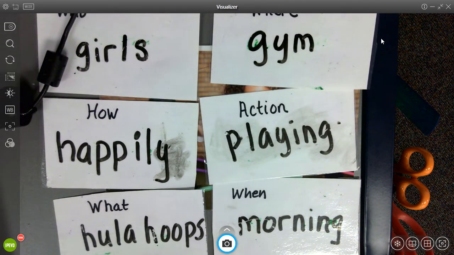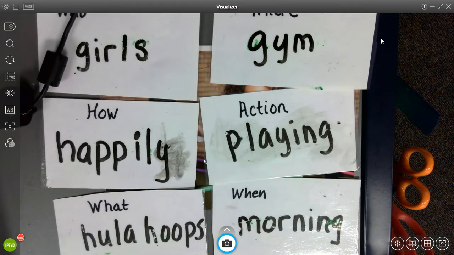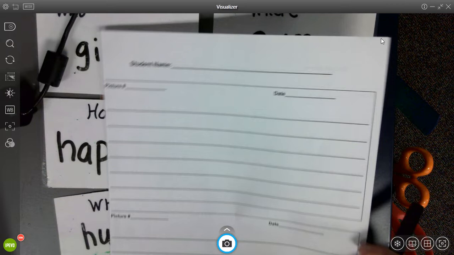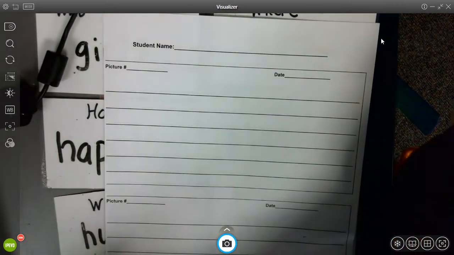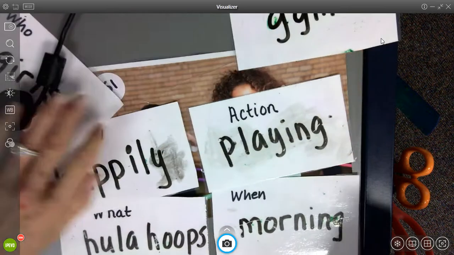So then what I have to do is go inside my folder and take out my sentence writing sheets. I'm going to do that for us now. So this is the sheet you write your sentences on. I'm going to look back at my picture to determine what's my picture number.